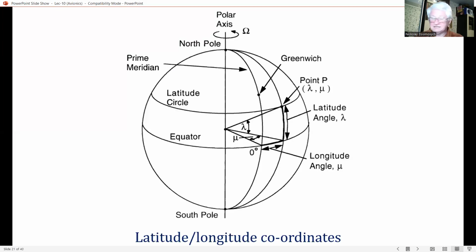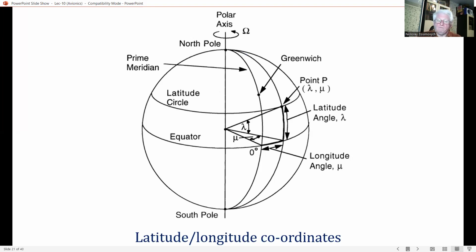Referring to the figure on this slide, latitude and longitude are defined with respect to the polar axis, the equator, and the prime meridian. A meridian is a circle around the Earth passing through the north and south poles. The prime meridian is the meridian passing through Greenwich, which provides a datum for measuring the longitude.